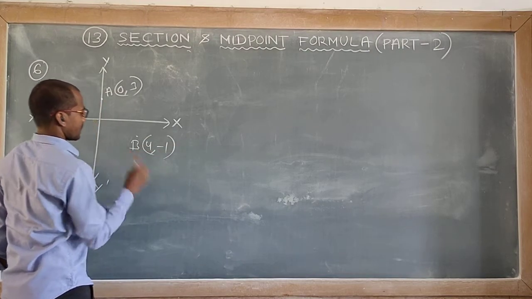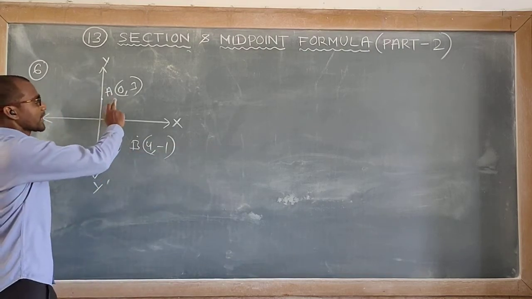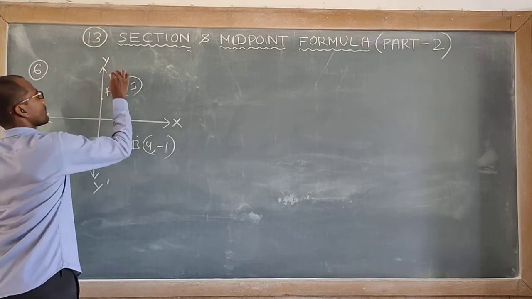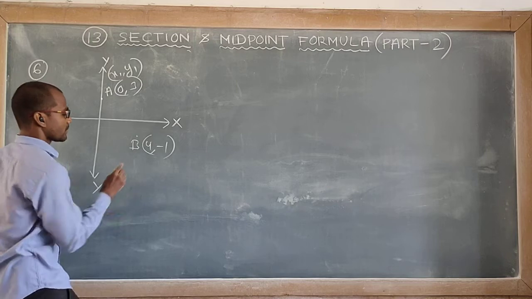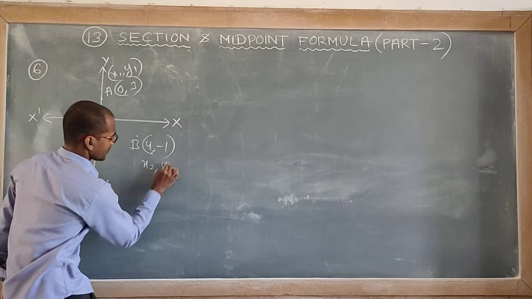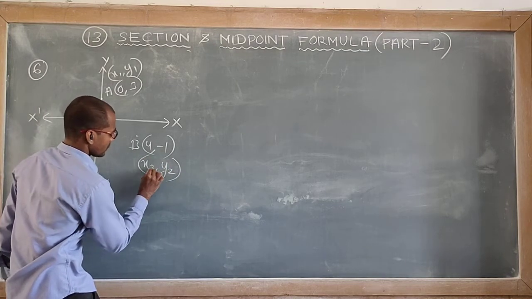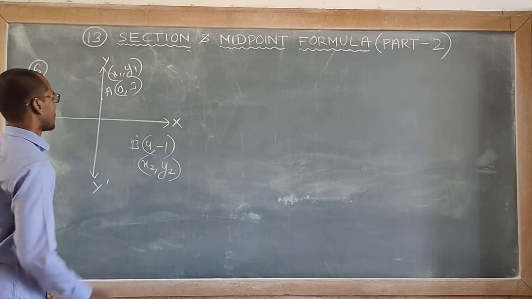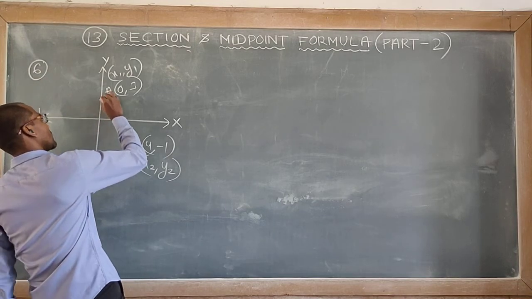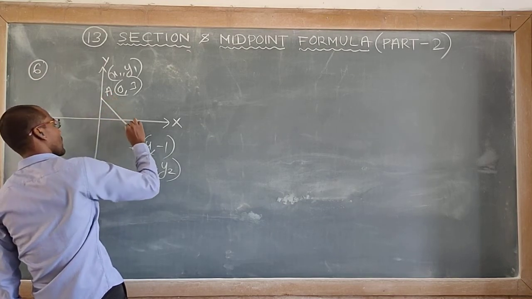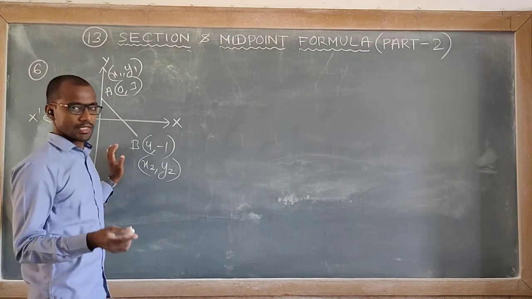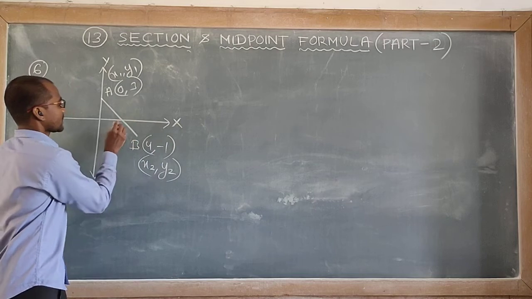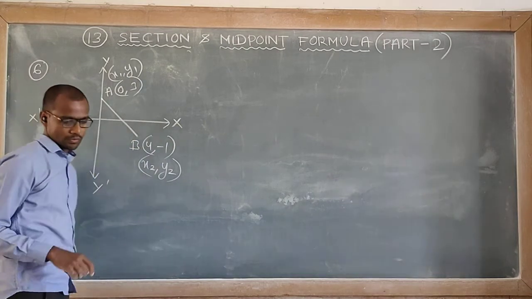(4, -1). First, this point has been mentioned, so this is our x1, y1. Second, this point has been mentioned, so this is x2, y2. Now, if you join these 2 points, we'll get a line segment AB. And this line segment has been intersected by the x-axis at this point.